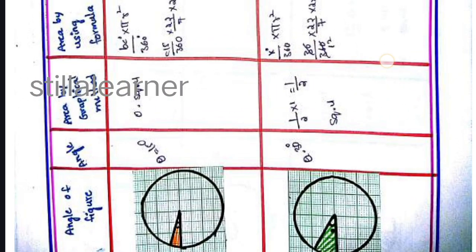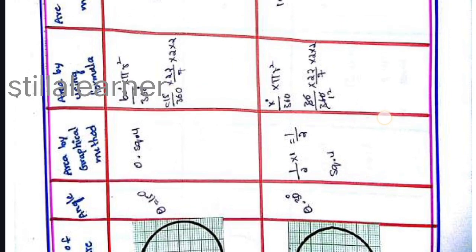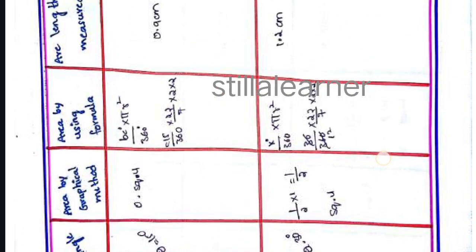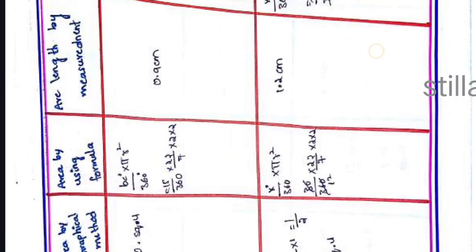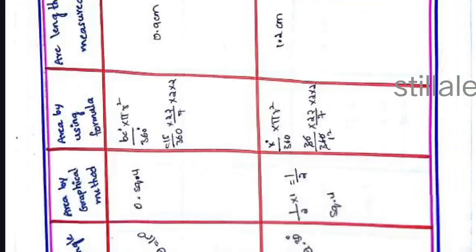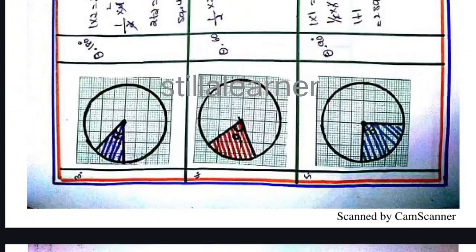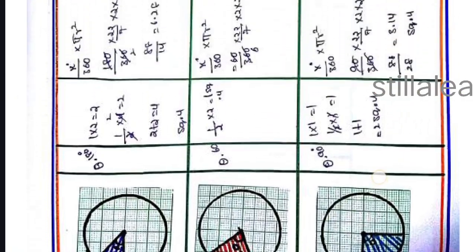For angle of figure you need a graph paper. Then area by graphical method, then area by using formula, then arc length by measurement, then arc length using formula. Like that. Here we have taken two here and the rest are here: third, fourth and fifth.